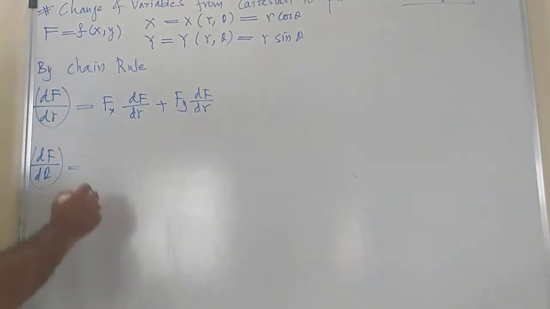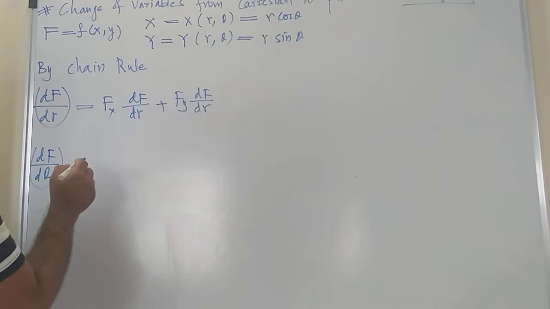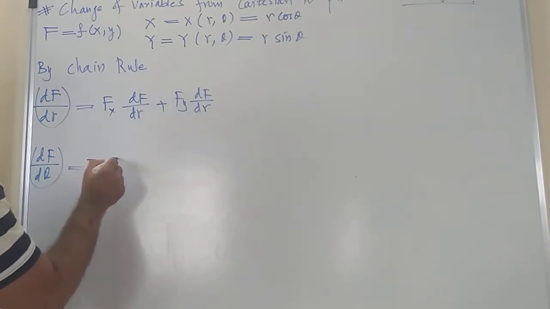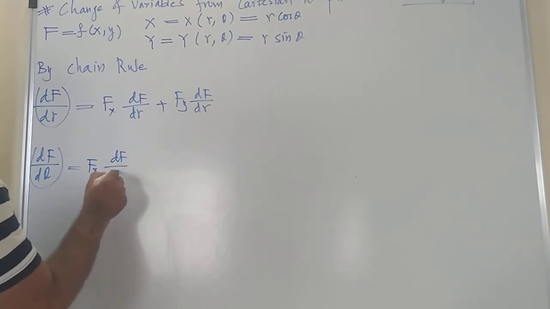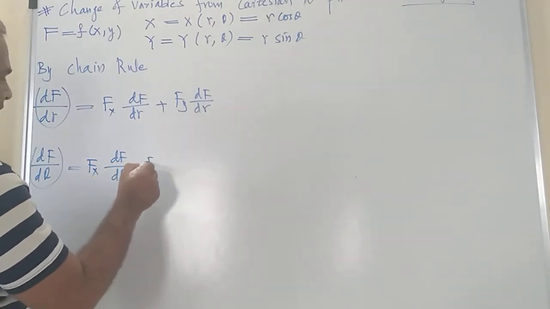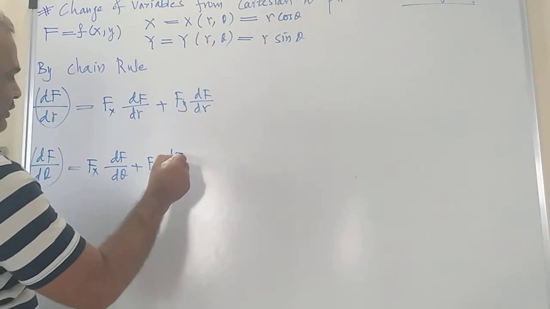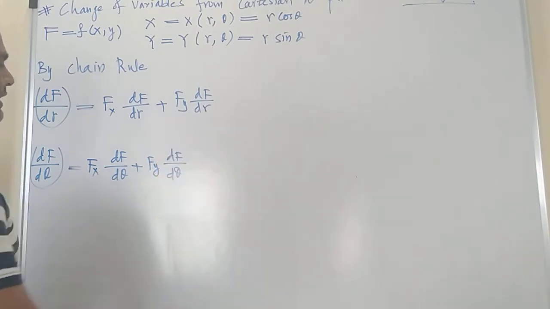With respect to r only. And second case, df by d theta can be written as fx into dx by d theta plus f of y into dy by d theta.